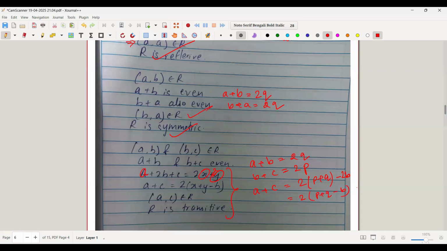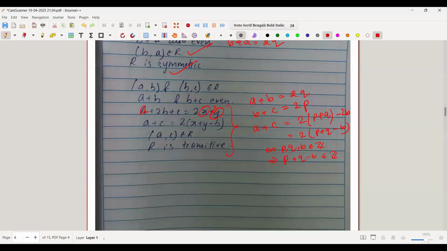Now as p, q and b all belong to Z, that implies p plus q minus b belongs to Z. Okay, so A comma C belongs to R, and hence R is transitive.